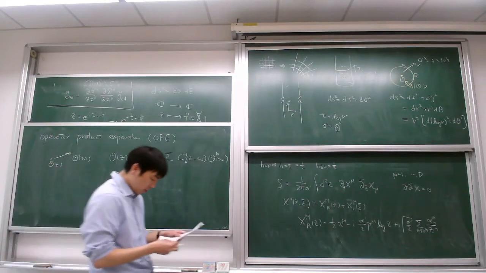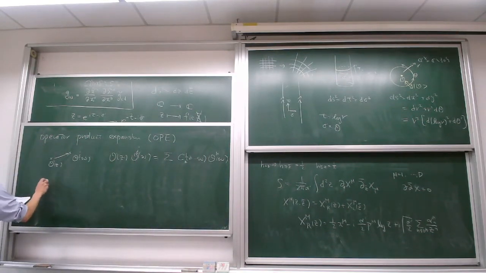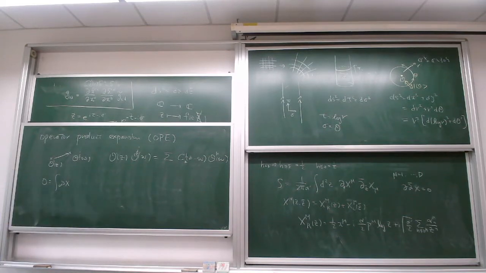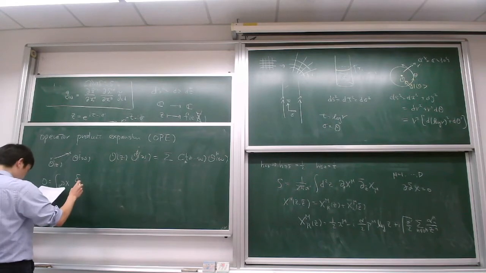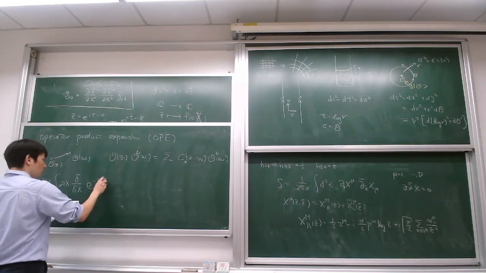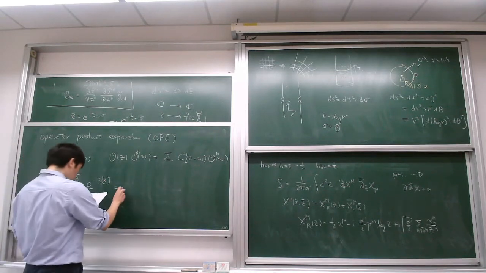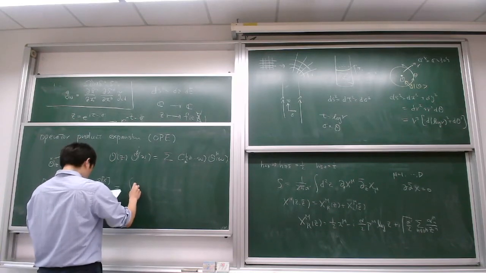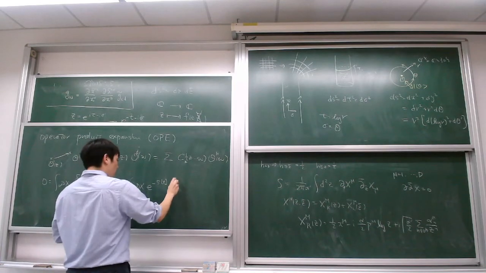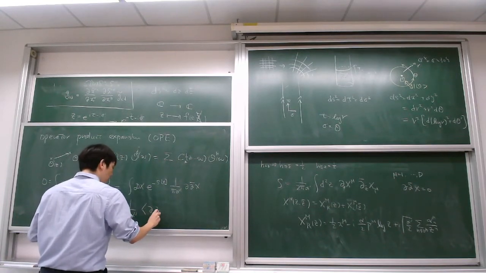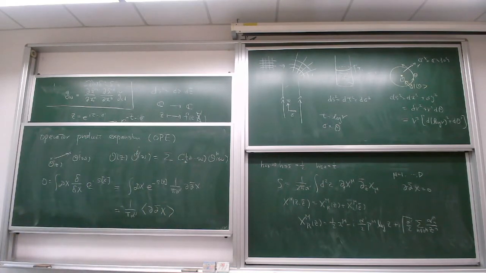So for instance, to get the OPE, we consider the path integral in Euclidean signature and take variation with respect to the free scalar, and then we just get the equation of motion: the integral of dX e^(-S) times (1/πα') ∂∂̄X, and this can be understood as the expectation value of some operator.